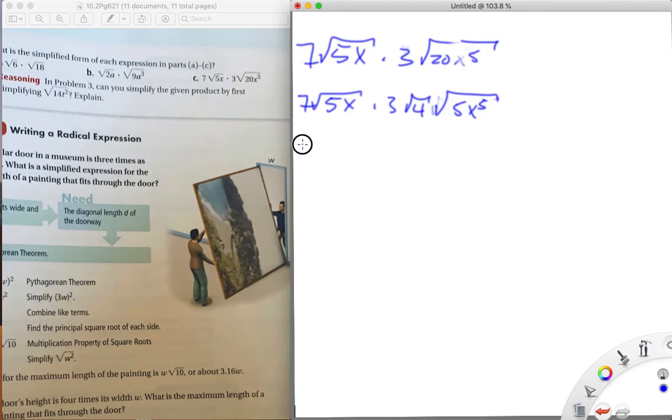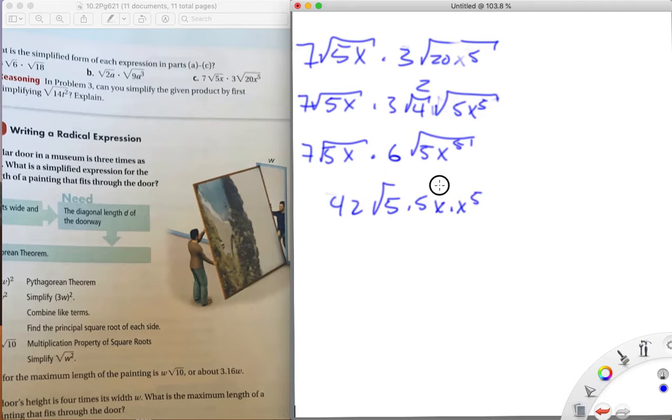Alright, so then that's going to be 7 5x, 3 times 4. This turns into a 2. We know that's a 2, so that's going to be 6 5x to the 5th rooted. 6 times 7 is 42. And in here we have 5 times 5, and then x times x to the 5th, right? Which is all square rooted. Then that's going to be 42.